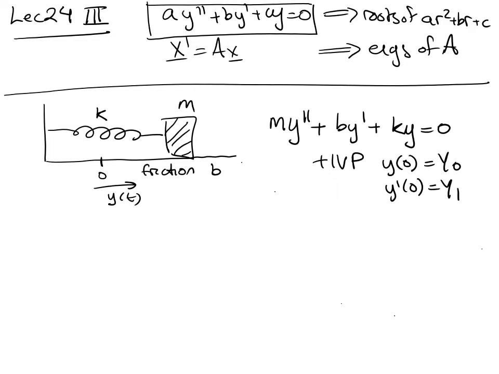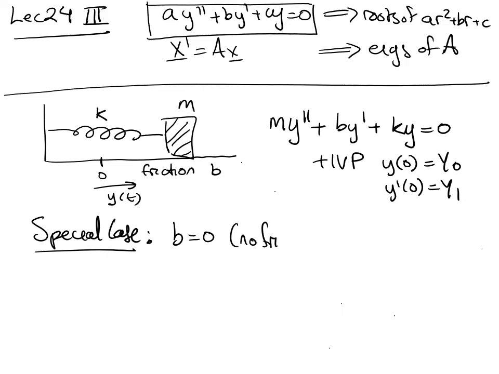So I want to explain what the different cases mean. First, let me talk about a special case. The special case is B equals 0, which means no friction.